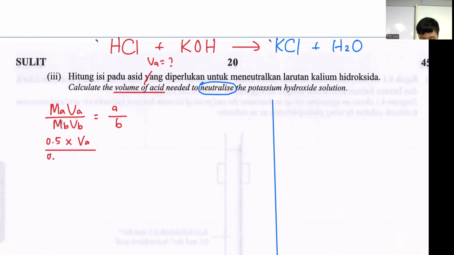MB is also 0.5. VB is 25. Now you must ask, then what is a over b? a over b is based on the equation, the number of moles in the equation. What is the number of moles? One, 1. If not written, it means 1, not 0. Okay. So that's why you get 1 over 1.